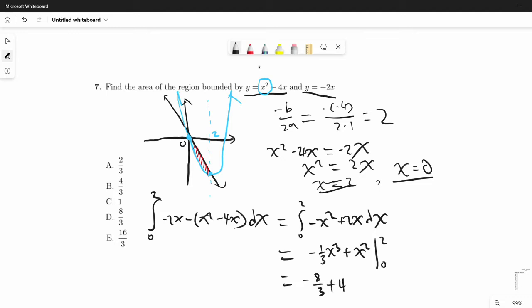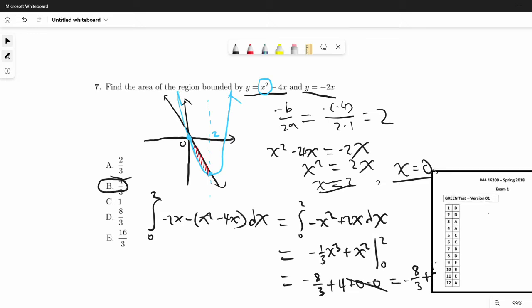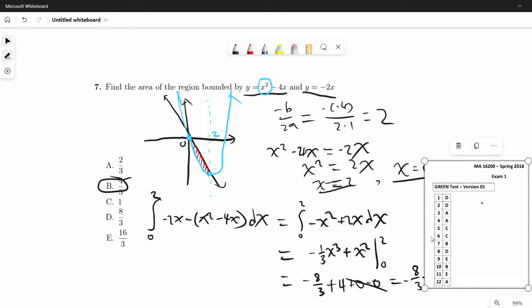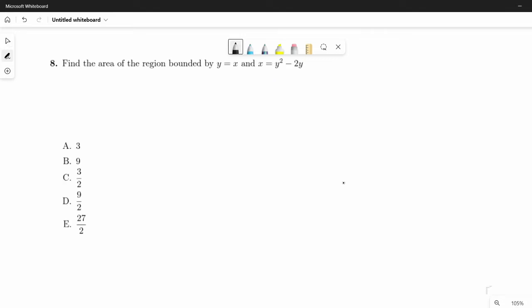Then it would be plus 0 minus 0, which doesn't matter. So here would be negative 8 over 3 plus 12 over 3, which is positive 4 over 3. So for question 7, B would be correct.